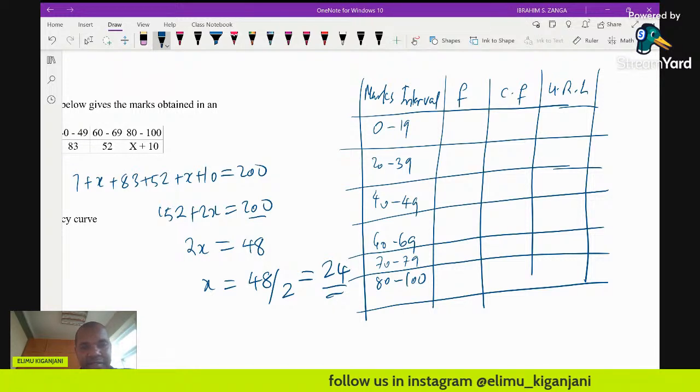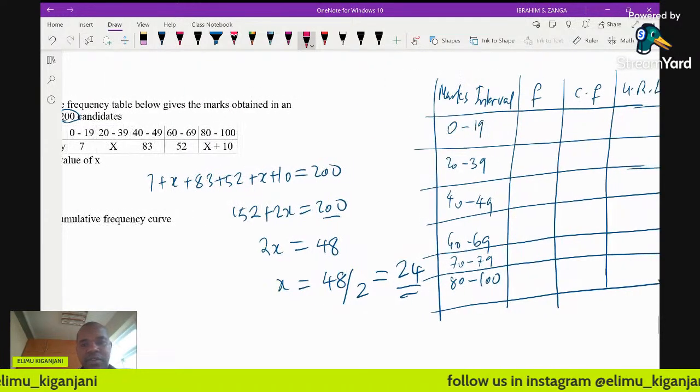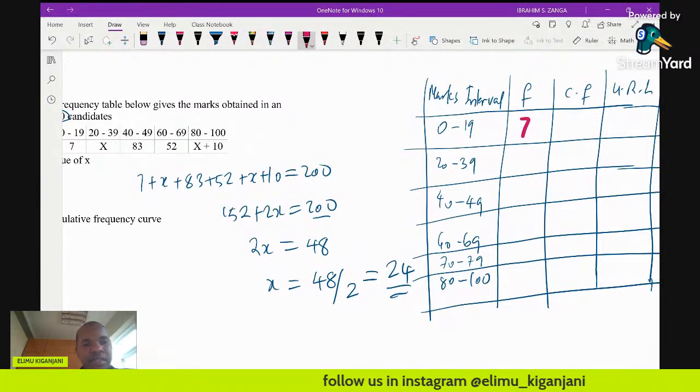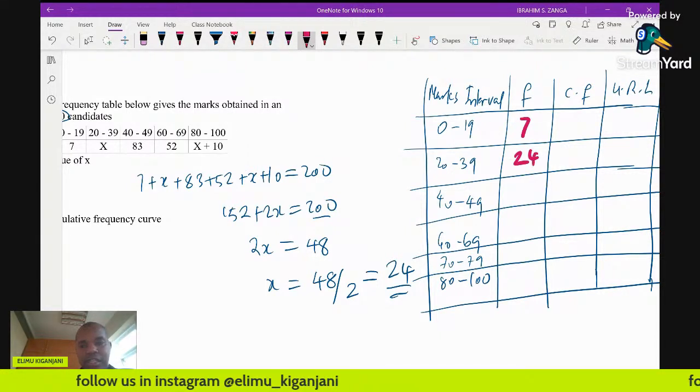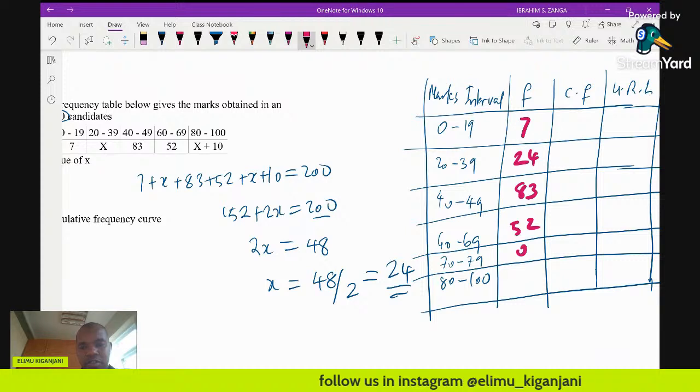And so the frequency here, dear students, as far as you can see, we are given 7, then 24, then 83, 52, 30, 0, and then 34.